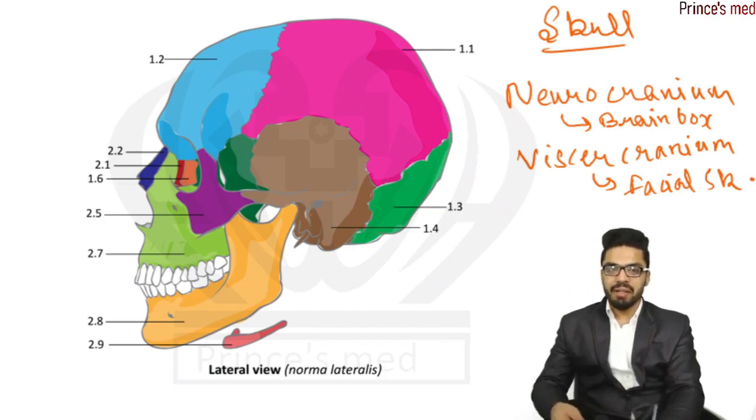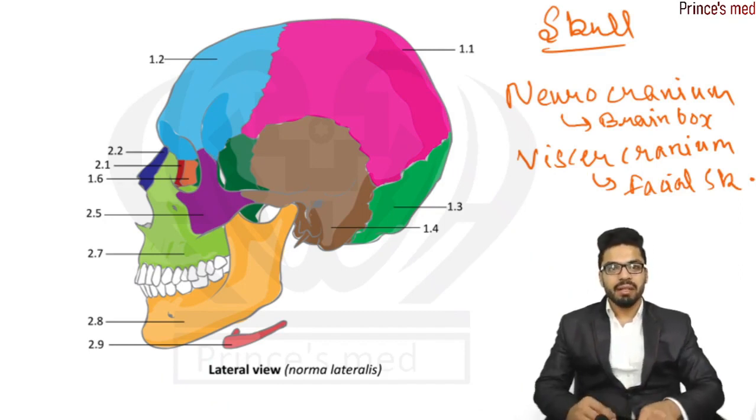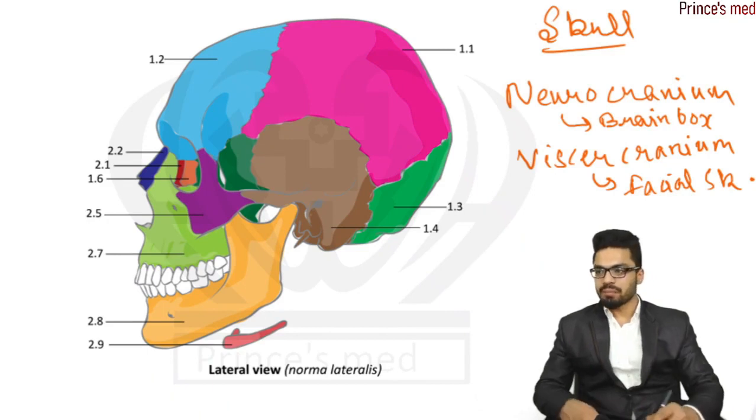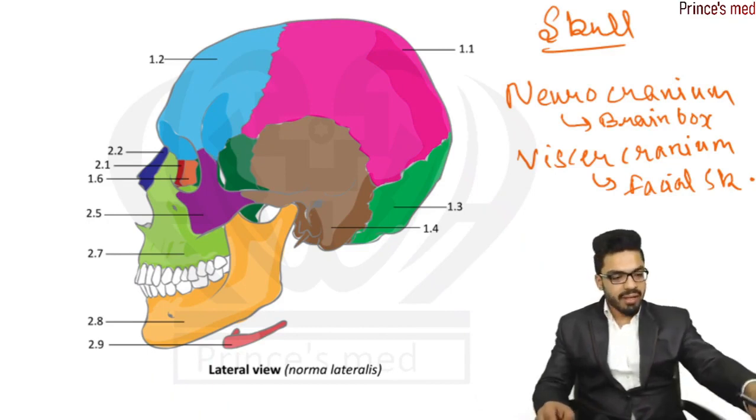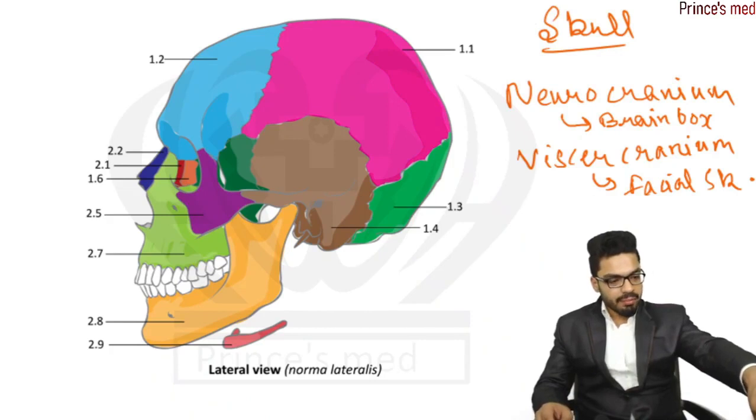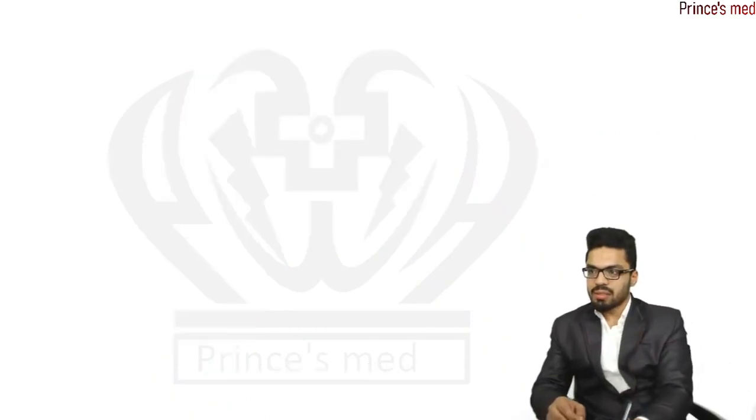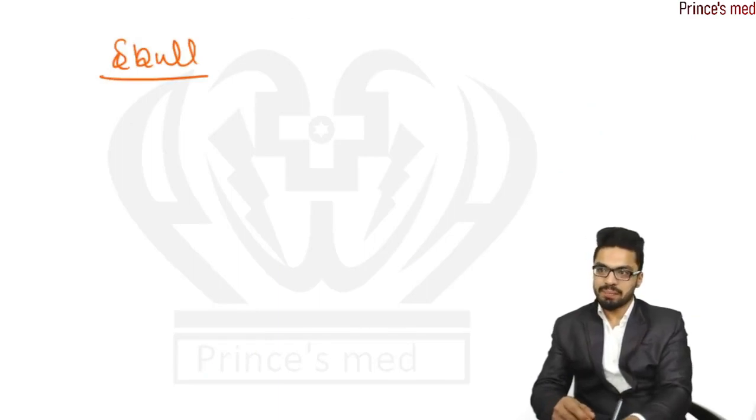Neurocranium is further divided into cranial vault and cranial base. Cranial vault includes parietal bone, frontal bone, and occipital bone, and cranial base includes temporal bone, sphenoid bone, and ethmoid bone. In the next page, we will see precisely every bone of our skull.